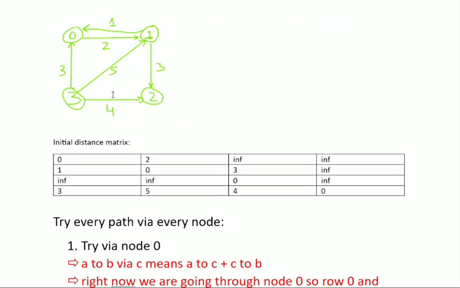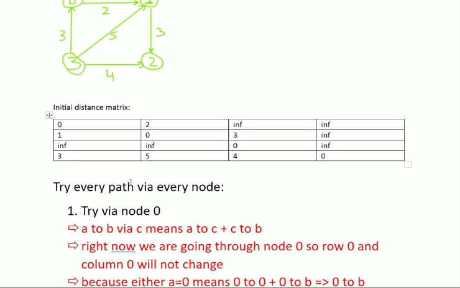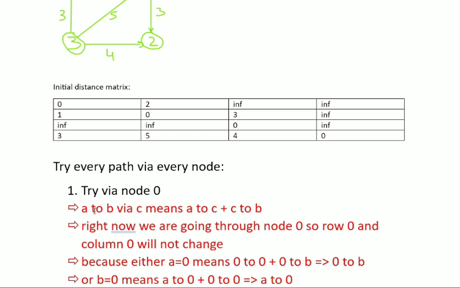So see, here we have taken a graph. The initial distance matrix, infinite is representing that there is no connection between those two nodes, right? So suppose first we will try via node 0, because we will be trying via every node. Suppose I have to go from A to B via C. What does that mean?